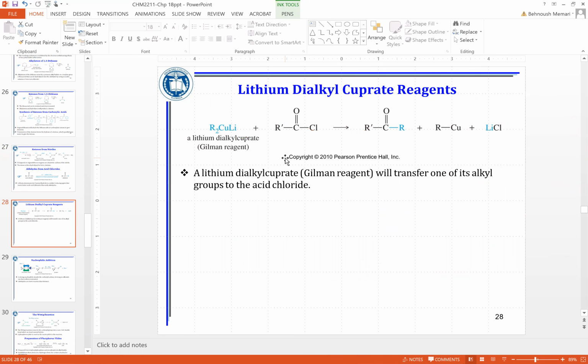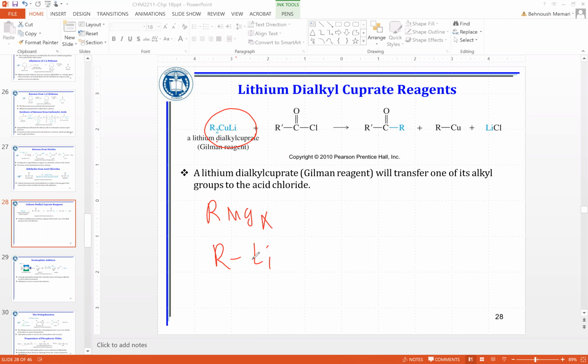Gilman reagent, R2CuLi. You need to know something about the Gilman reagent. It's very similar to RMgX, and it's very similar to RLi. What is the similarity?